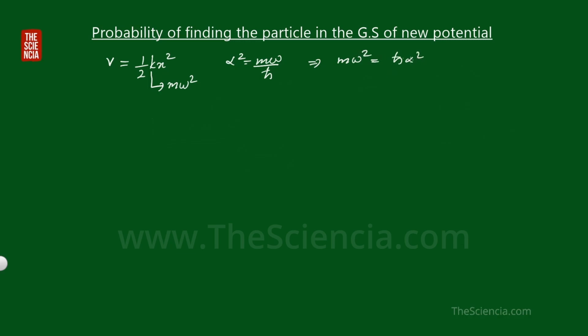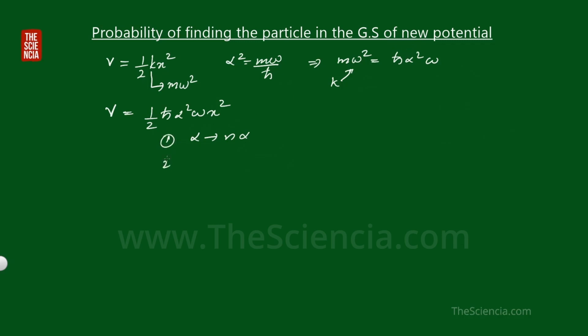Therefore, m omega square is equal to h cross alpha square omega. That is, m omega square is nothing but k, right? So we can write the potential V as half h cross alpha square omega x square. In this expression, if alpha is changed to n alpha, that means the potential function will change. Then what will be the probability of finding the particle in the ground state of the new potential? This is one of the questions.